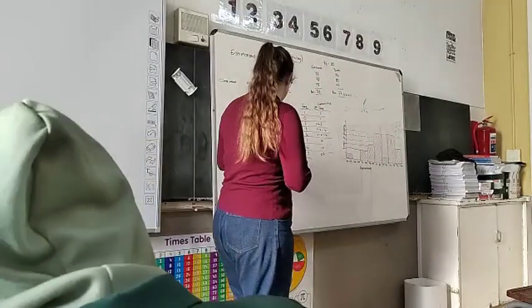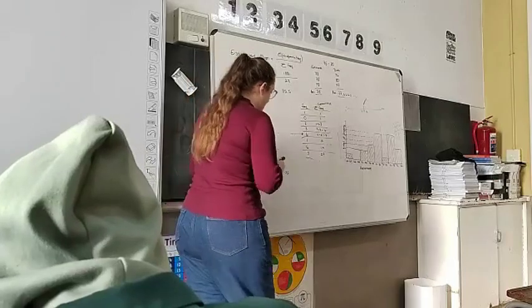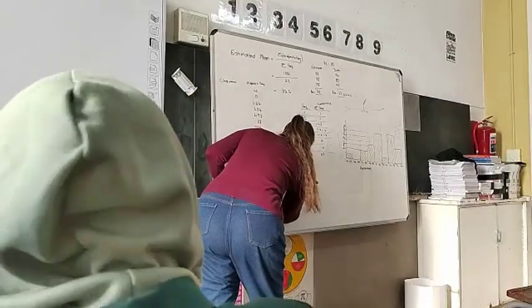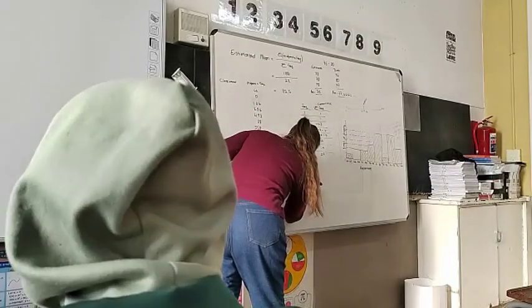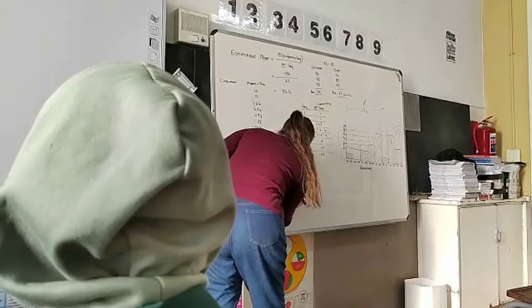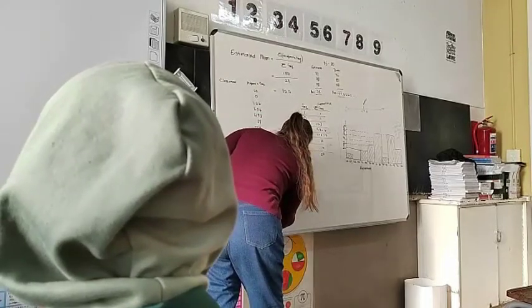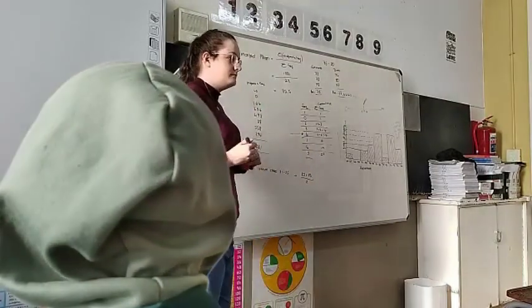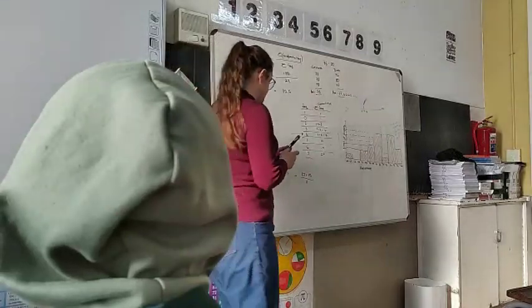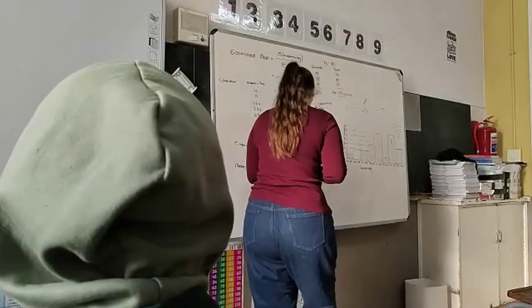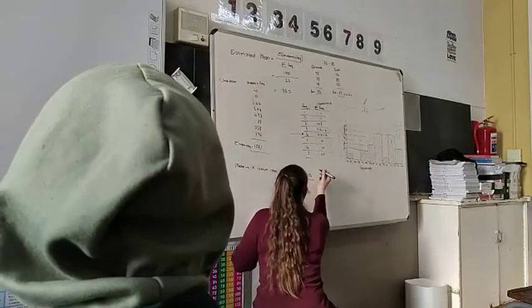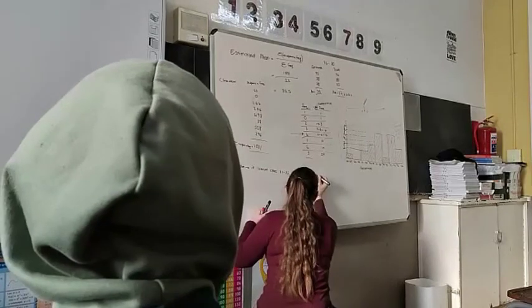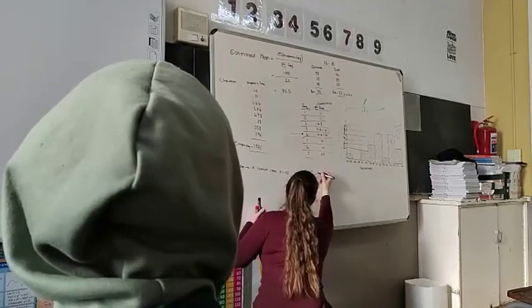So I'm going to assume both of them have 83. So this is person 11 and person 12, and these values are our midpoints.